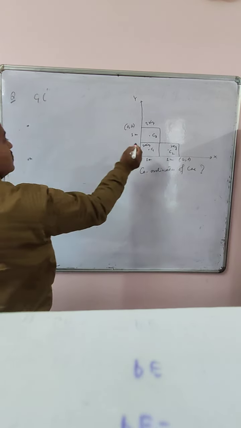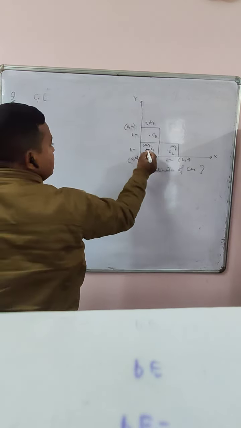It is at the center, so the coordinate is half and half, because this length is 1 meter. What is the coordinate of C2? Here it is half, but here it is 1 plus half, so half and 3 by 2.